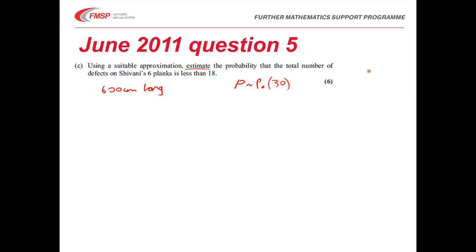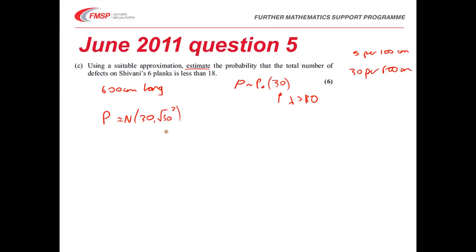Okay, the reason it's Poisson 30 is because we're going to have 5 per 100 centimeters, so that's 30 per 600 centimeters. Okay, now we can clearly see that your lambda is greater than 10 here, so a normal approximation is the best way. So we can approximate P normally, N(30, root 30 squared).